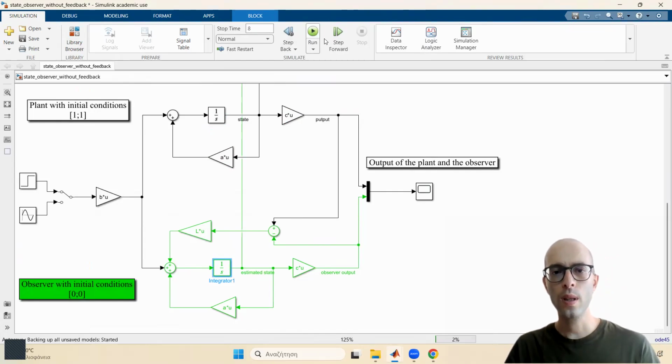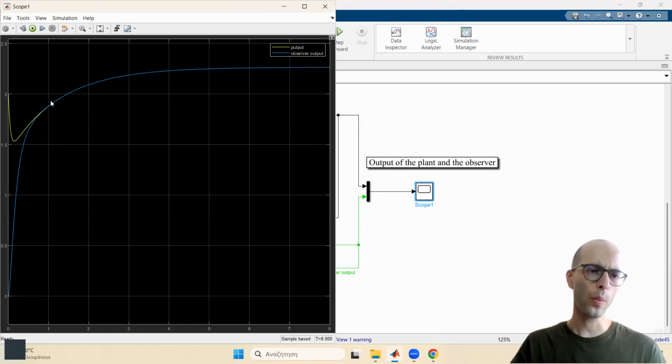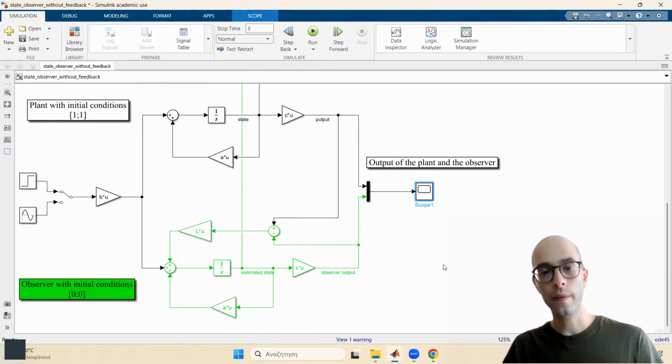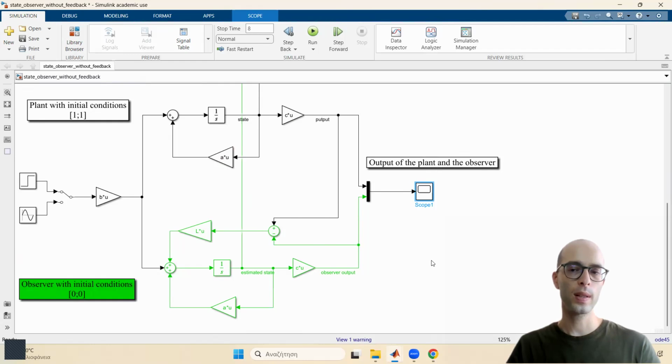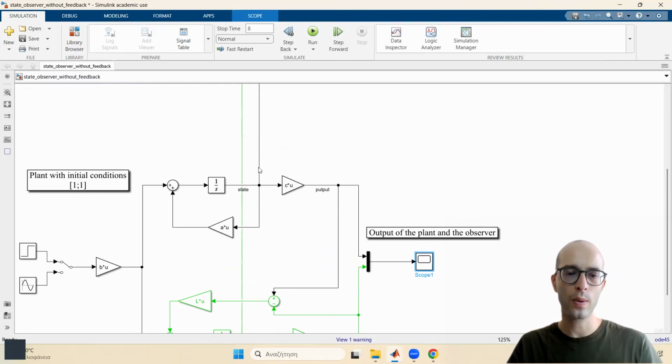So you see that we managed to get a very nice estimation that takes pretty much 1 second, I would say maybe even slightly less than 1 second. So the output of the observer converges to the output of the original system. And the same thing holds for the states of the system. Now, of course, in a real situation, the states of the original system are not accessible to us. But since this is done in a computer, we actually do have access to the states.